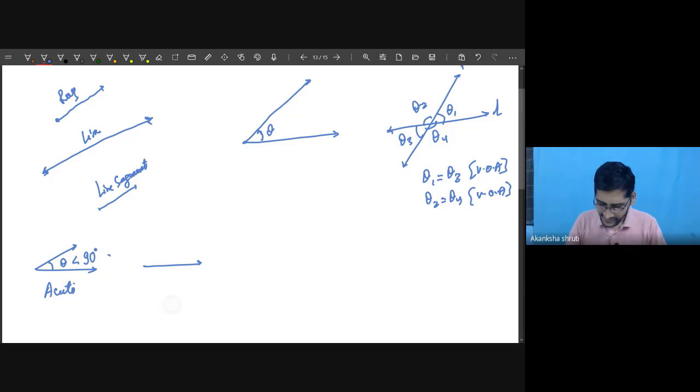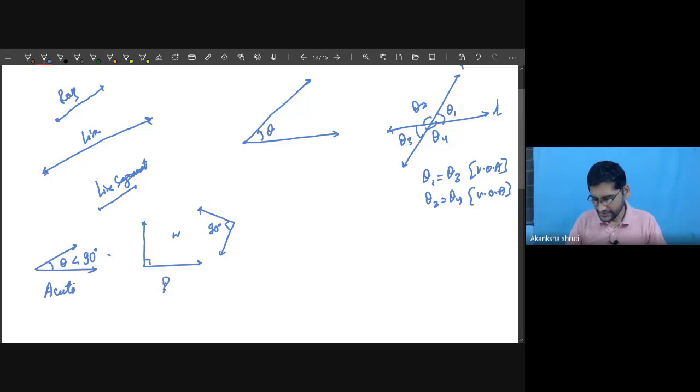Another, exactly 90 degrees, one horizontal, the other vertical, is a right angle. It is possible that these need not always be horizontal and vertical. It may be at any orientation, but between these two it should be 90 degrees.